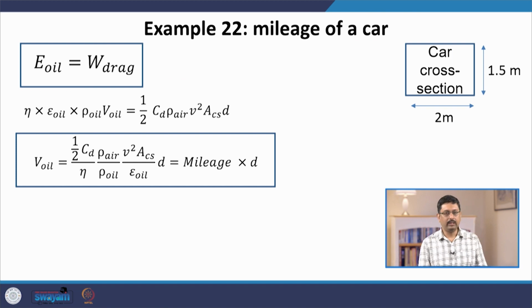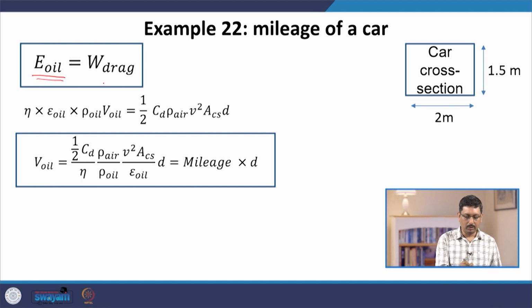Now, we arrive at our key principle of physics. The burning of oil generates energy that drives the car. The amount of energy generated by the oil, corrected by the efficiency, must be equal to the work done to drive the car against the drag force.